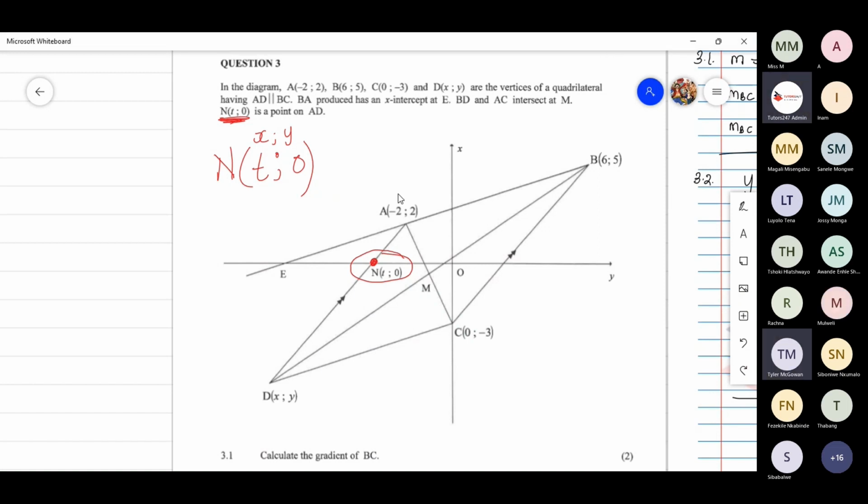So yes, if the coordinates are given, let's say, for example, we needed to calculate the gradient of AD, right? And if the lines are not parallel, if they're not perpendicular, if they're not collinear, and if there isn't an angle given, it means that two coordinates on the line AD were supposed to have been given. For example, we could have been given both x and y values of n, or both x and y values of d.